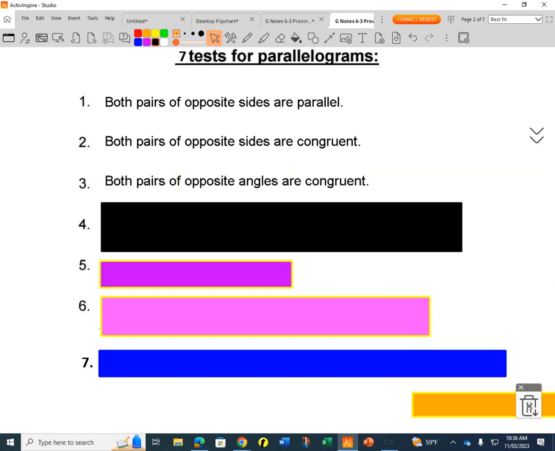What did we learn about consecutive angles? First off, what are consecutive angles? Tyron? No, not all consecutive angles, when you add them together, equal 180. They will in a parallelogram, though, right? But what are consecutive angles?